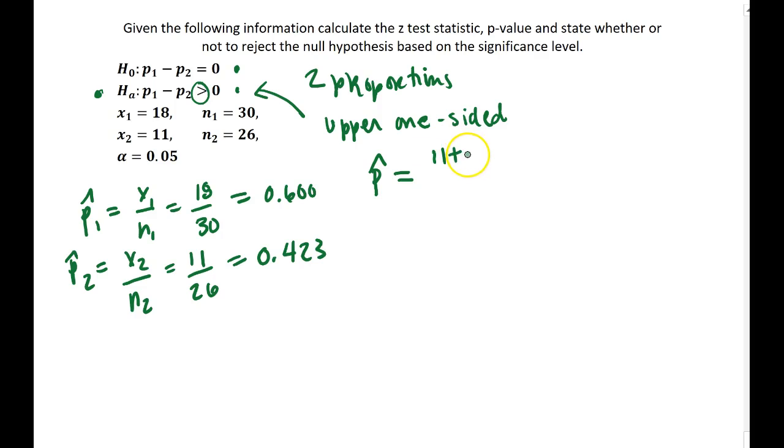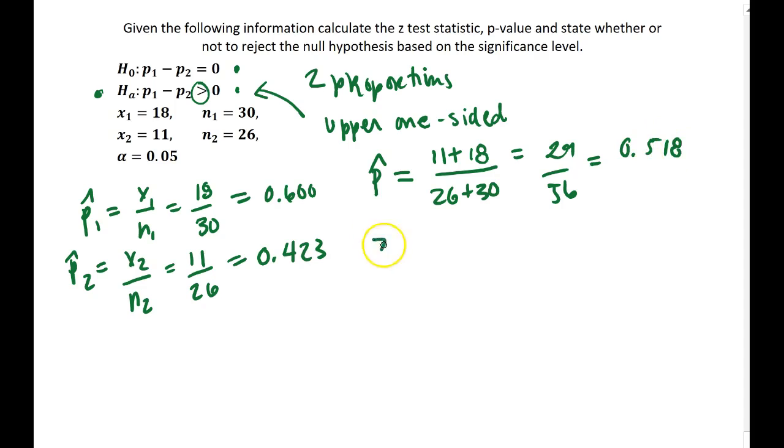We take our two sample successes, 11 plus 18, and divide that by their sample sizes, 26 plus 30, so x1 plus x2 over n1 plus n2. This is equal to 29 over 56, so our pooled proportion is 0.518. We need this for our test statistic.